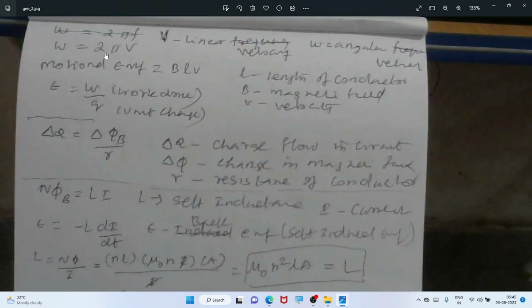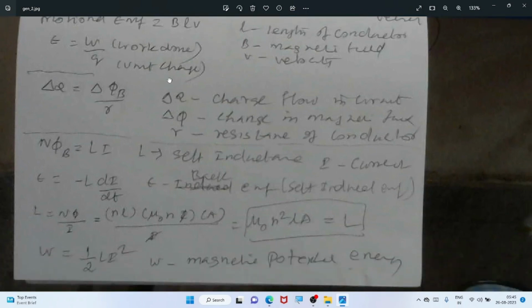Angular velocity equals 2 pi into frequency. Linear velocity and angular velocity are related. Motional EMF is BLV, where L is the length of the conductor, B is the magnetic field, and V is the velocity. EMF can also be worked out per unit charge.